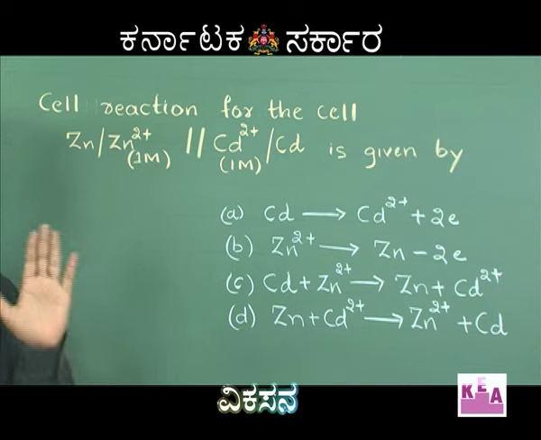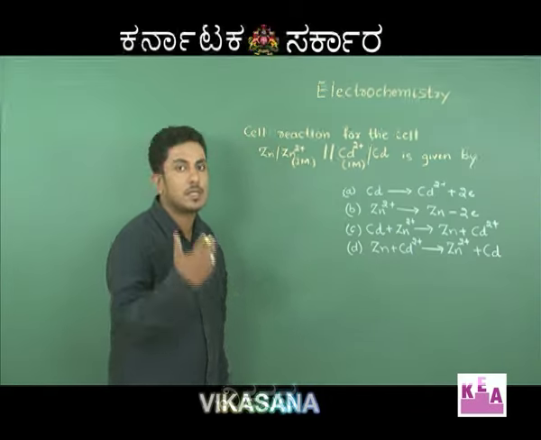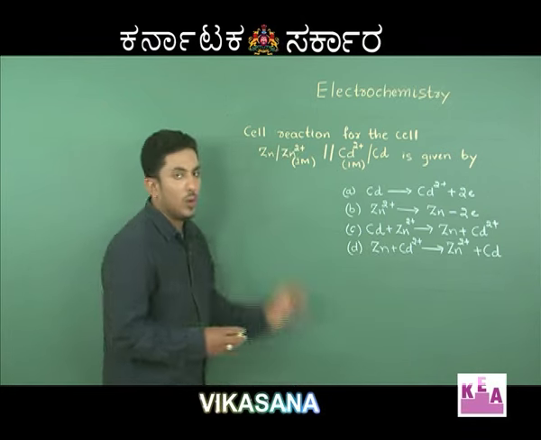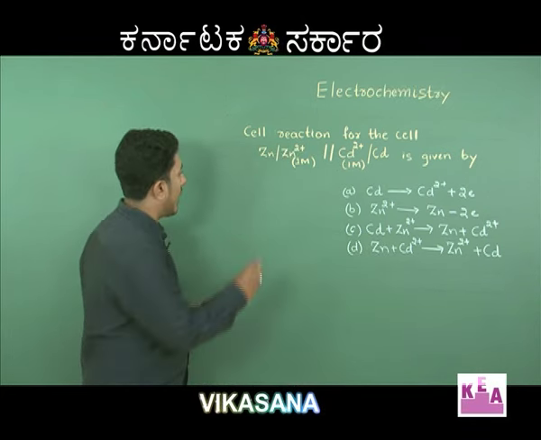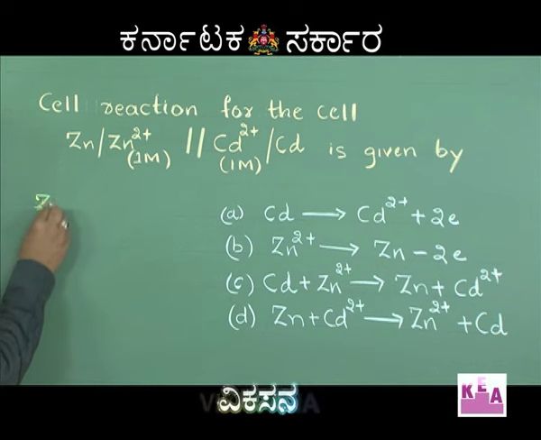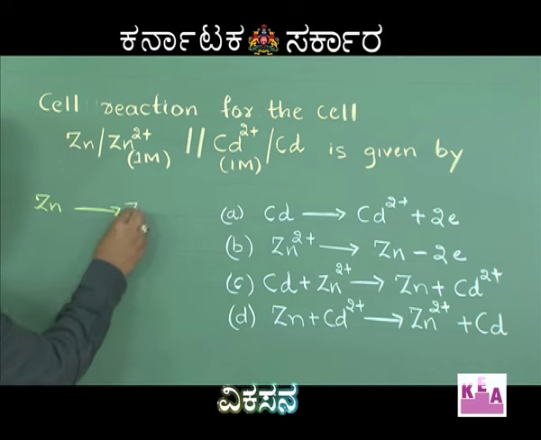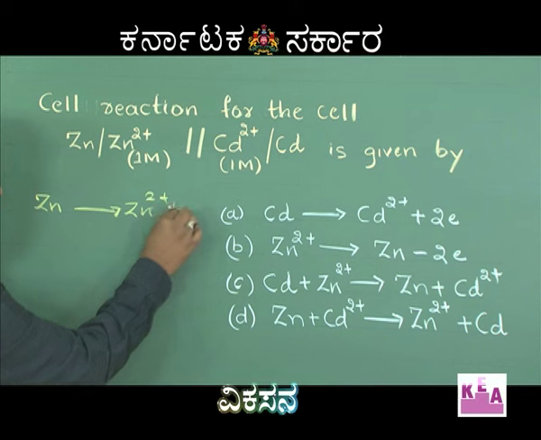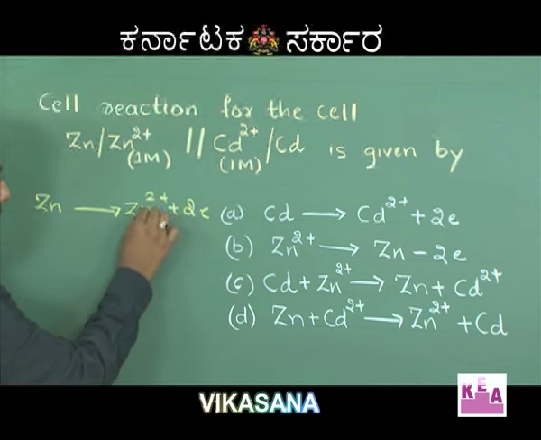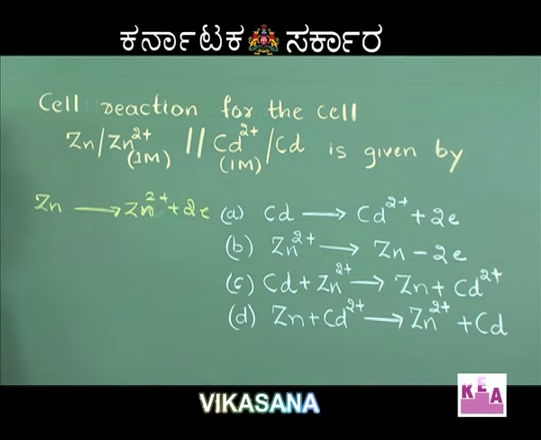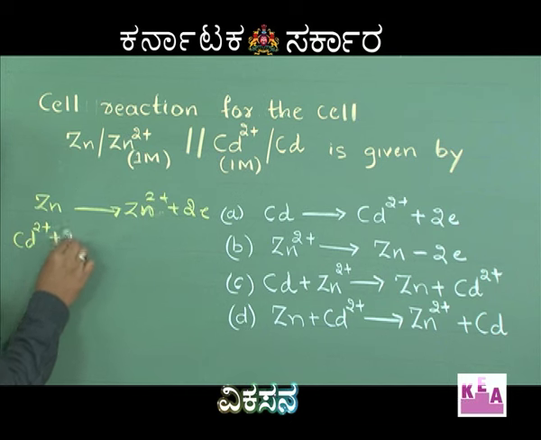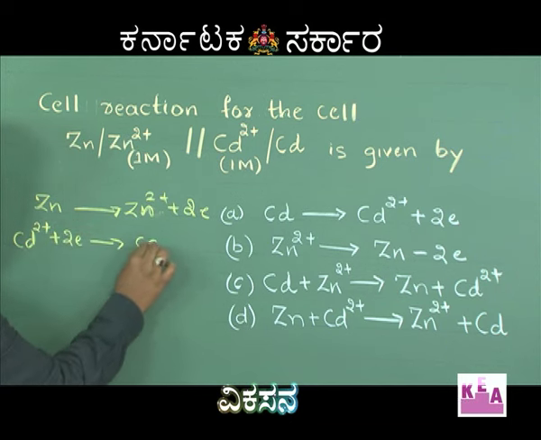At anode, oxidation takes place. That means zinc loses electron. So, the reaction occurring at zinc is zinc loses two electrons to form Zn2+. Cadmium acts as a cathode, hence cadmium ion accepts electrons, Cd2+ plus 2 electrons giving cadmium.